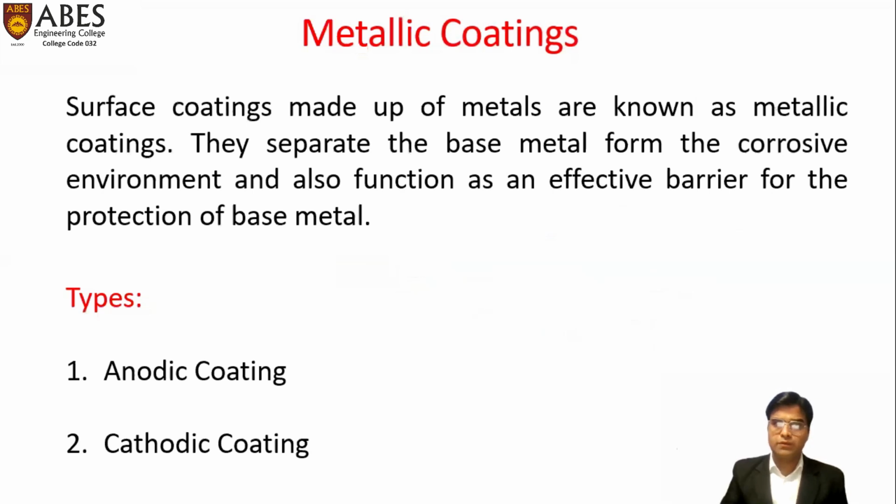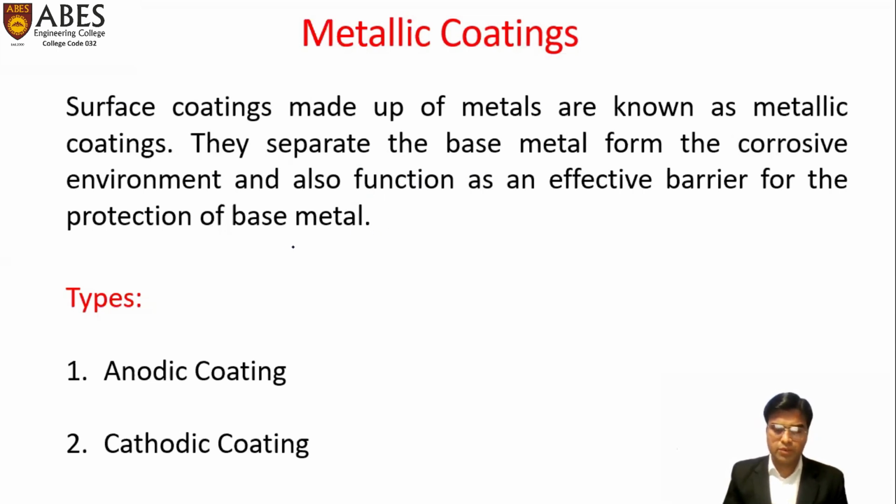Now, the second category is called the metallic coating. The surface coatings which are made up of metals are known as metallic coating. They separate the base metal from the corrosive environment, and they work as an effective barrier for the protection of base metal.